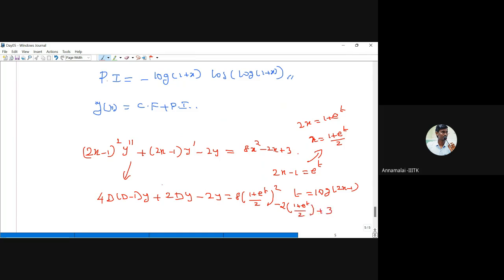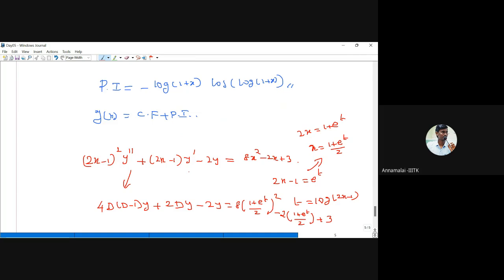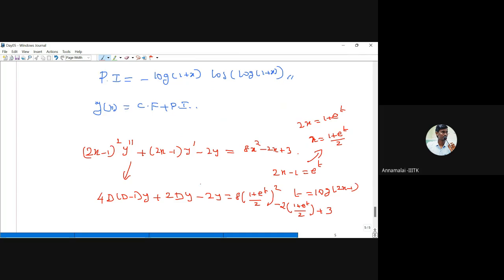So finally, you'll get an equation with constant coefficients. You can easily solve it. After finding the solution, you have to replace everything in terms of x, that is, you have to replace t equal to log of 2x minus 1. You'll get a solution.